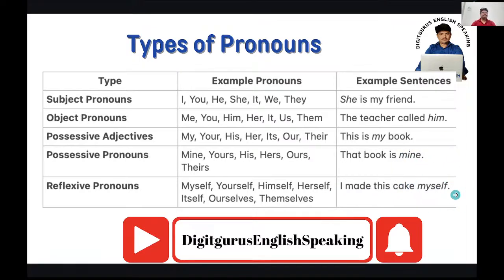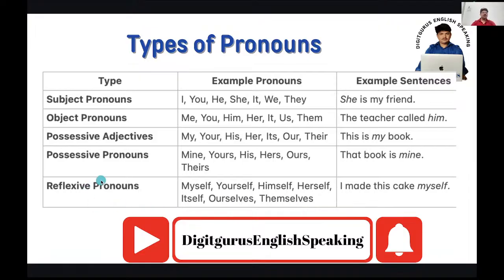So myself will be reflexive. The meaning is in the name itself: reflect, it reflects the same person. So, I made this cake myself. He taught himself to play the guitar. Herself, himself, itself, ourselves, themselves.